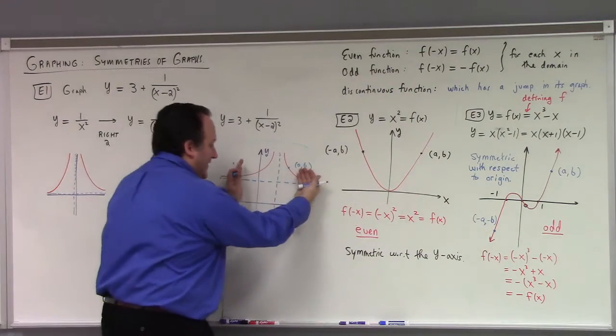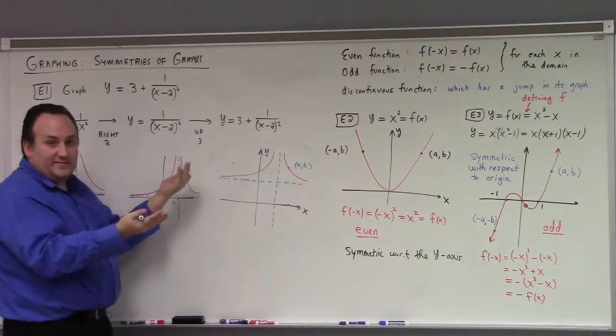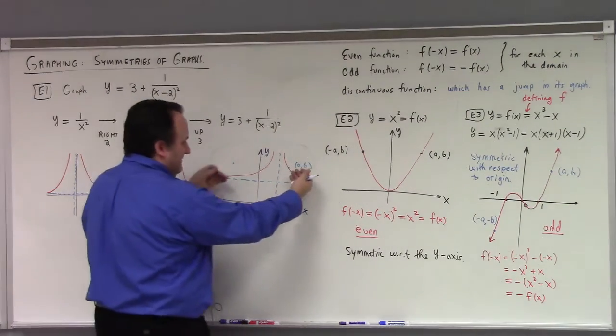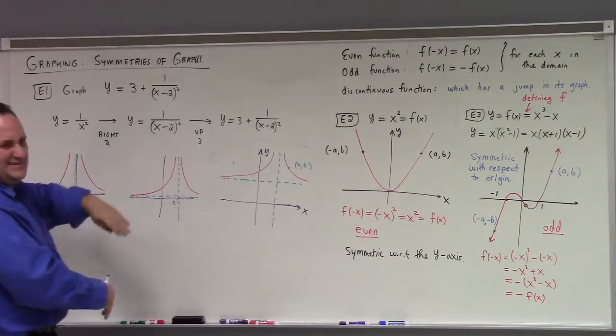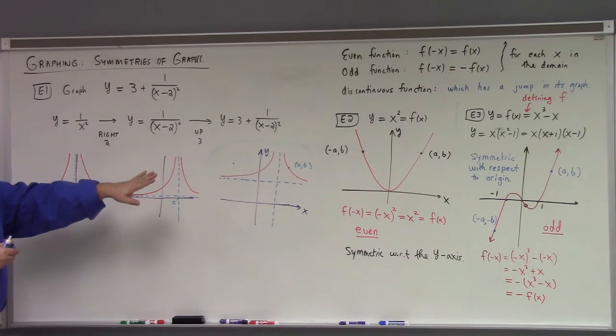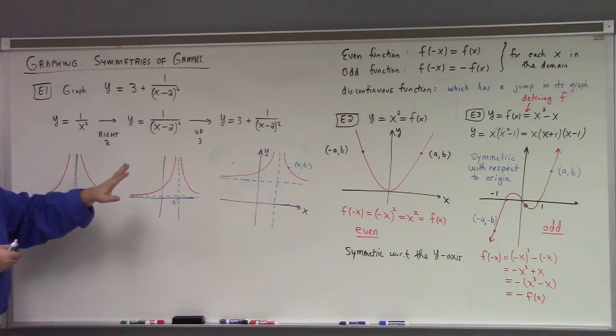If you reflect this function over the y-axis, you get a new graph. You don't get the same graph again. And if you reflect this through the origin, you don't get the same graph either. This, our example 1, is not even or odd.